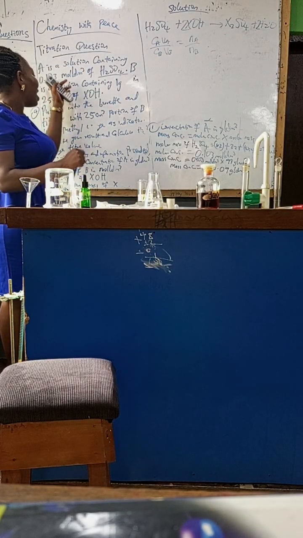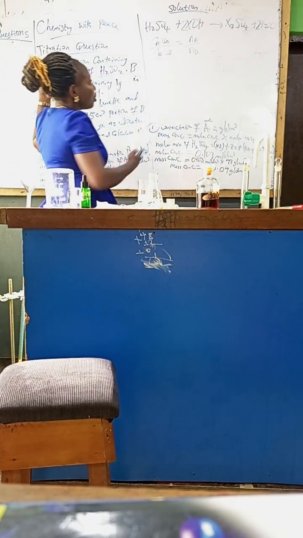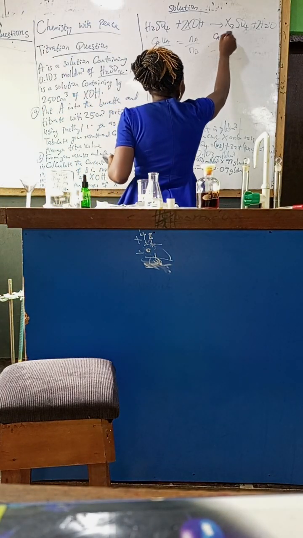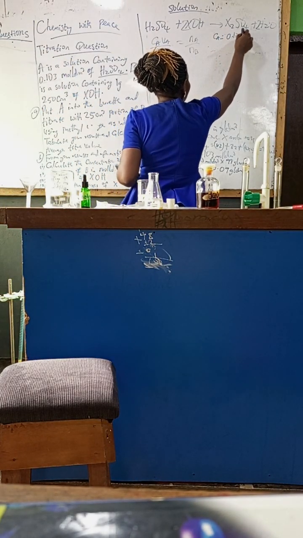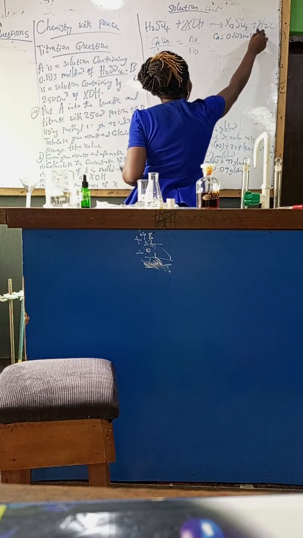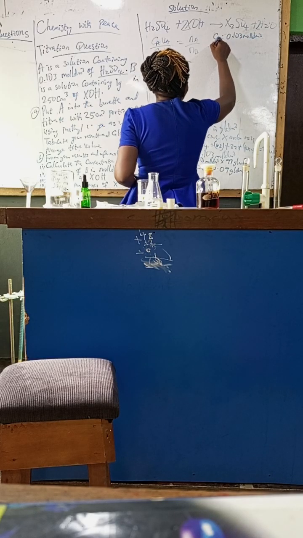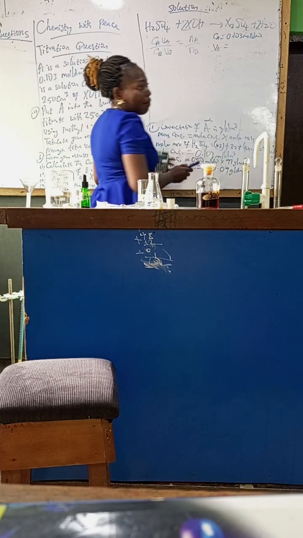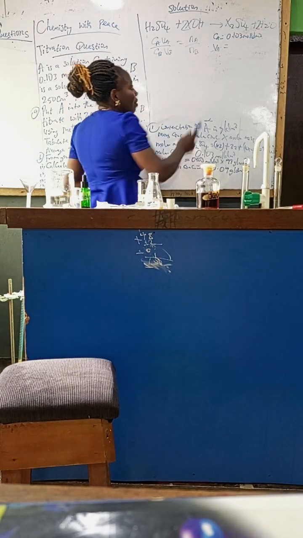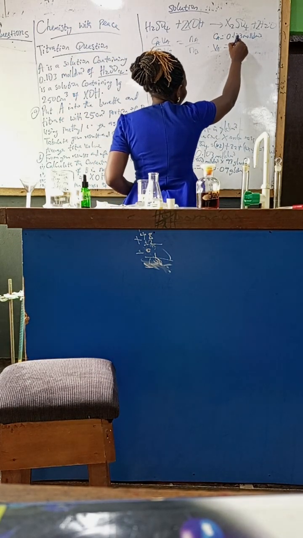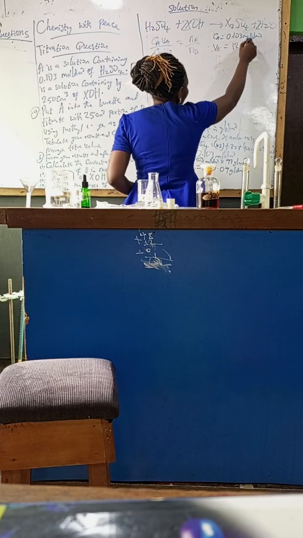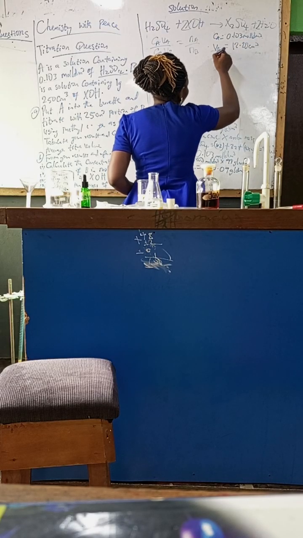Our CA, we have the CA from the question. We have our CA as 0.103 mole per dm cube. We have our VA. Our VA is the average titer value, and we got 12.20 centimeter cube.